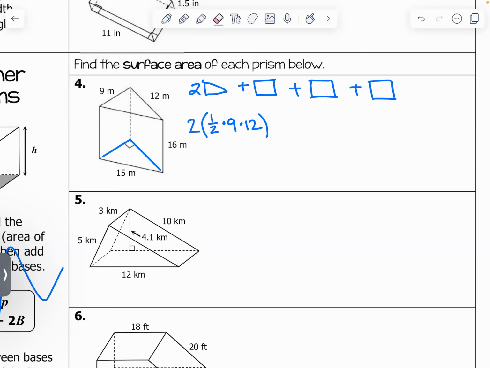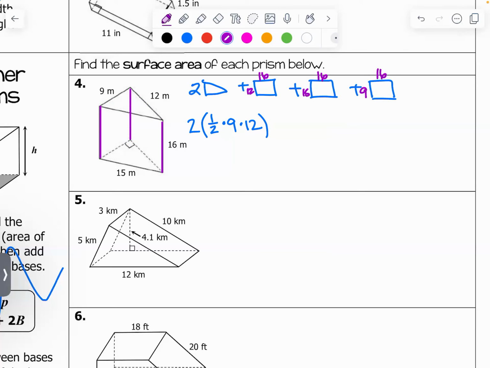Then we have 3 rectangles. Each rectangle has a height of what? Okay, our prism height is this 16 right here. All 3 rectangles have that height of 16. So this is 12 by 16. We have one that is 15 by 16, and we have one that is 9 by 16.